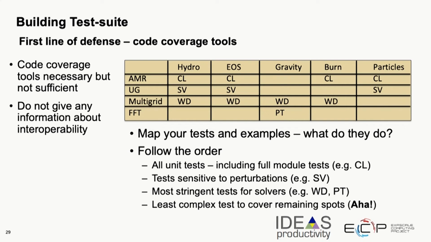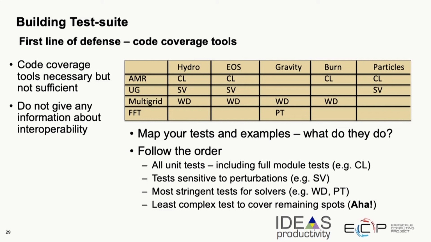And then we have a methodology for picking the order in which we pick tests to mark off these spots in the matrix. So, of course, first are unit or module tests that, even though they are not strictly speaking unit tests, are exercising just one physical module separately, and so those are the first tests we pick.